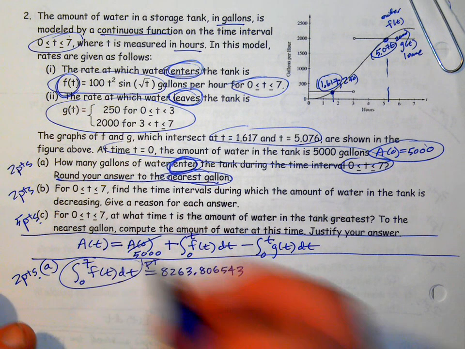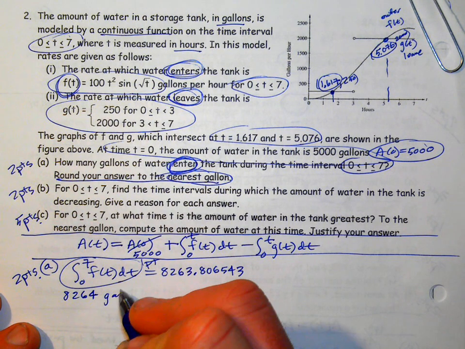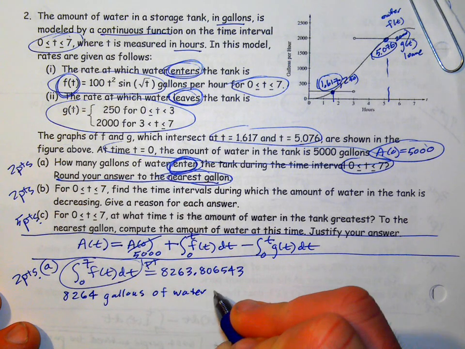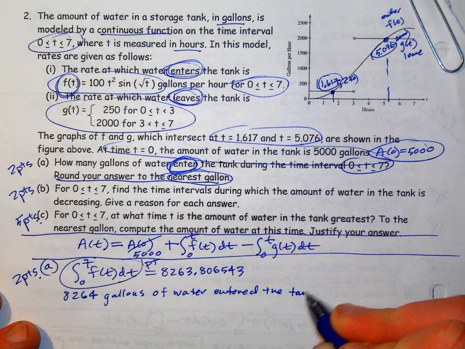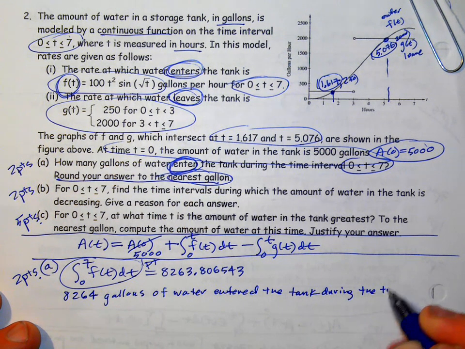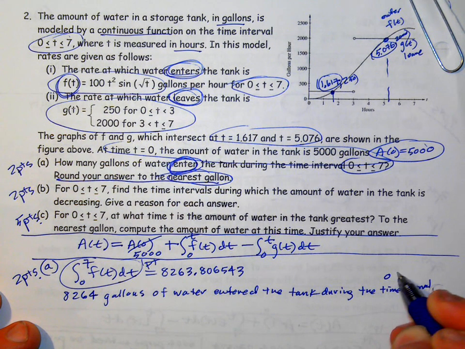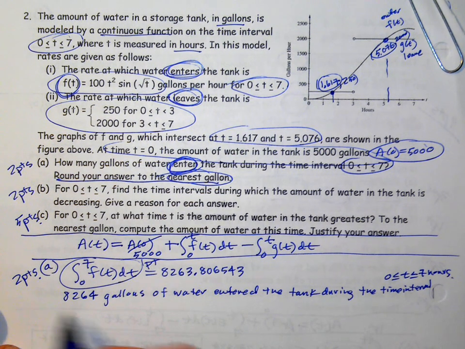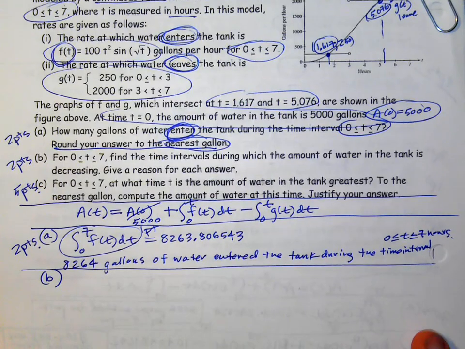So how many gallons of water in the tank? 8264 gallons of water entered the tank during the time interval 0 to 7 hours. It's a nice, thorough answer. Units, context.